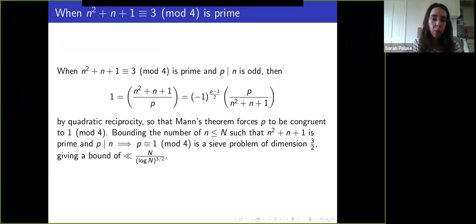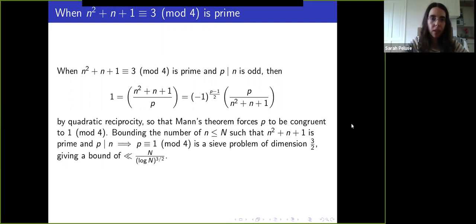And this is a sieve problem of dimension 3/2, because the condition that n squared plus n plus 1 is a prime removes 1 congruence class on average, and only being divisible by primes that are 1 mod 4 removes half a congruence class on average. So an upper bound sieve gives us a bound of n over log n to the 3/2 for this case.